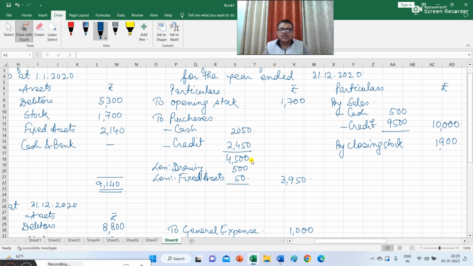Total purchase is 4,500, and from purchase I have to reduce the amount of drawing and the fixed asset rupees 50, and the net purchase is 3,950. So you will find a gross profit of 6,250, which is the balancing figure in the trading account, and the total of the debit and credit side is 11,900.